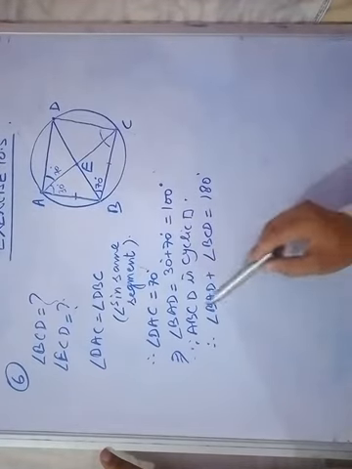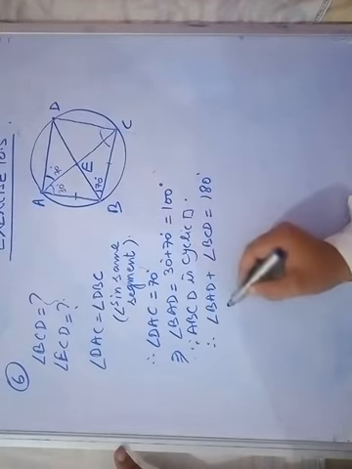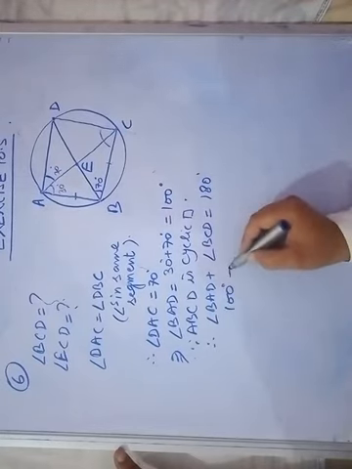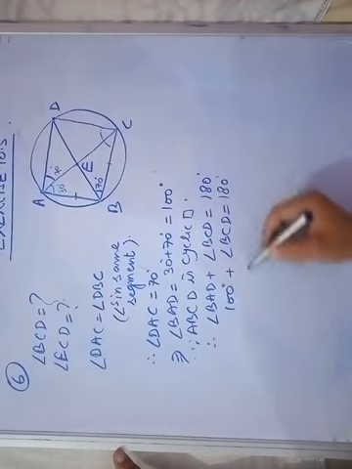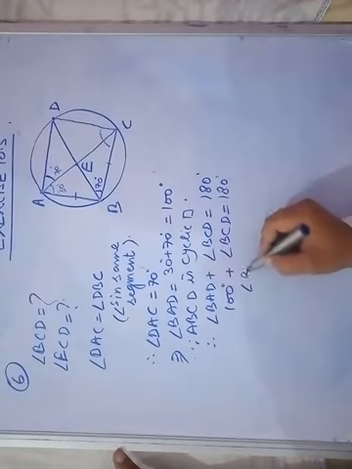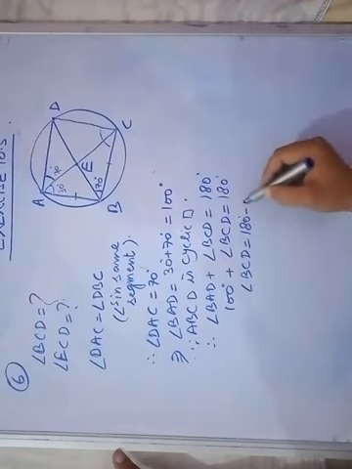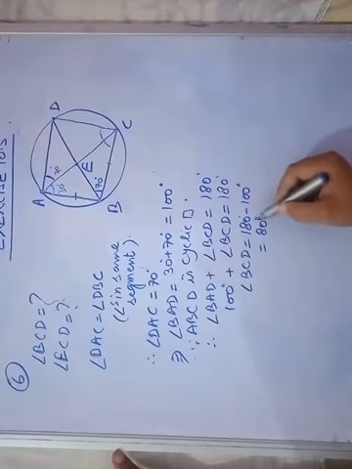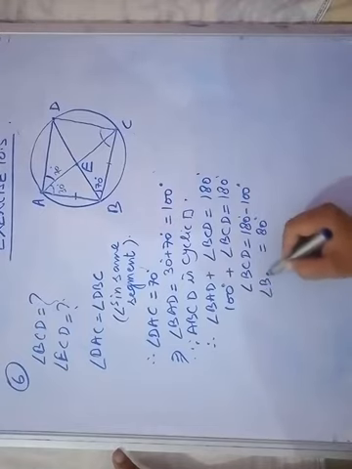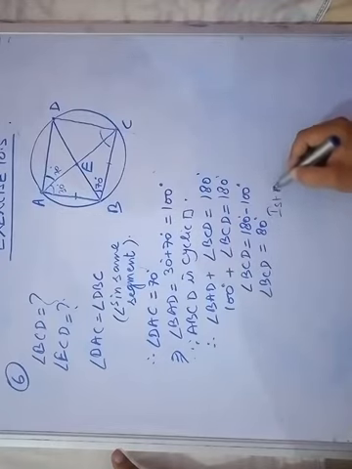Now we have angle BAD equal to 100 degree. So put the value, 100 degree plus angle BCD equal to 180. Therefore angle BCD equal to 180 minus 100, that is 80 degree. This is the first result.